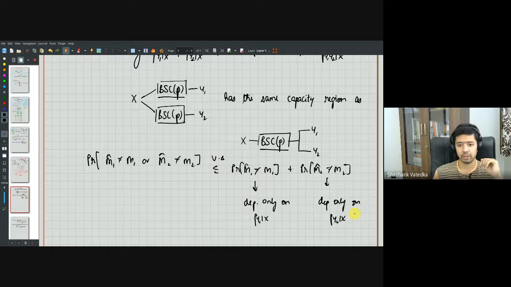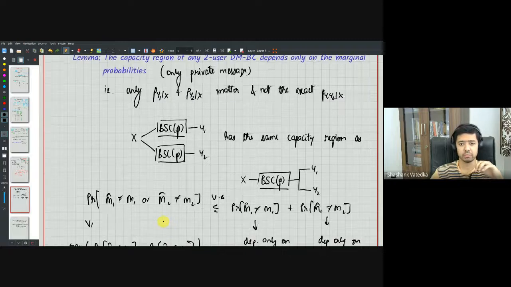So this gives an upper bound, but it is also lower bounded by the maximum of the probability that m1 hat is not equal to m1 and the probability that m2 hat is not equal to m2, where this depends only on p(y1|x) and this depends only on p(y2|x). That is why ultimately the capacity region only depends on p(y1|x) and p(y2|x).